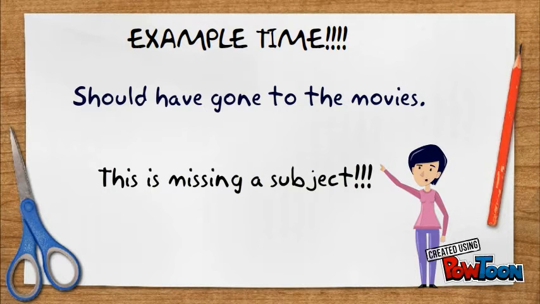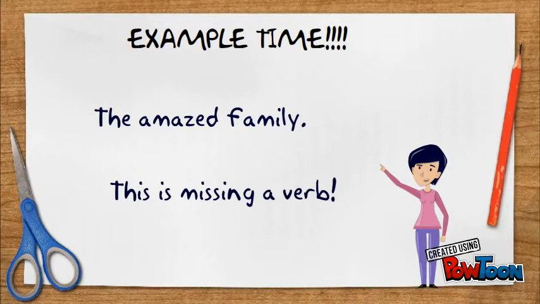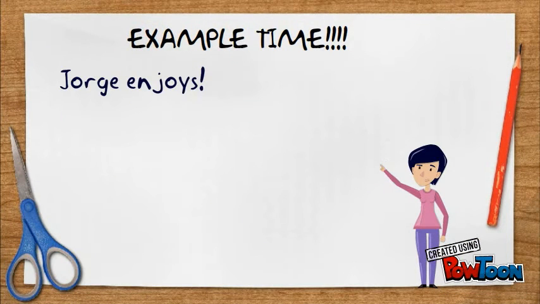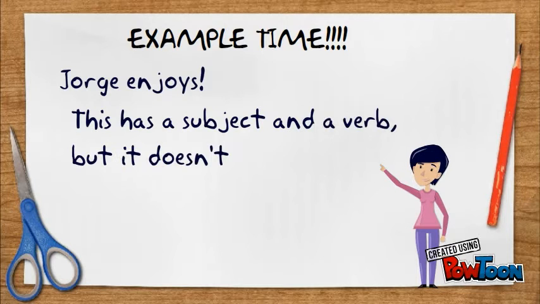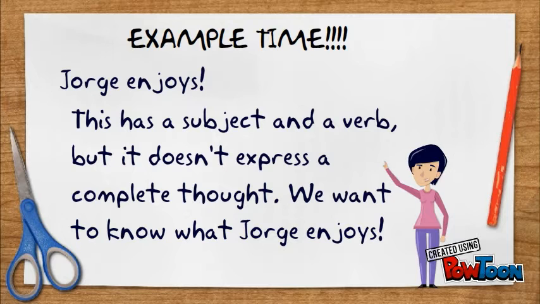This is a fragment, it's missing a subject. The amazed family. This is also a fragment, and it's missing a verb. Jorge enjoys. Now that's definitely a fragment. It doesn't have a complete thought.